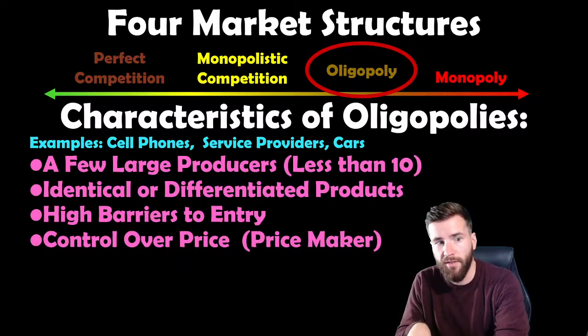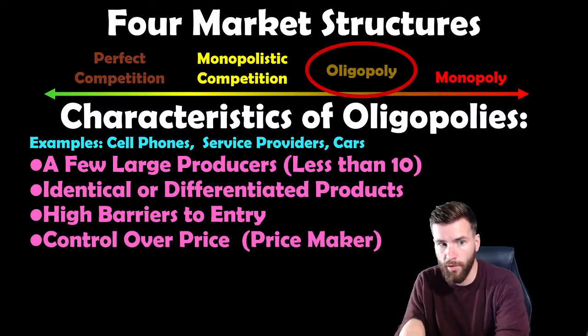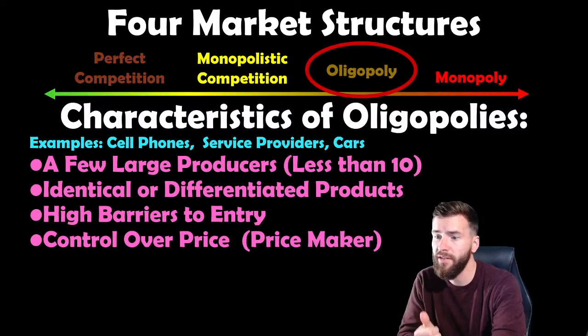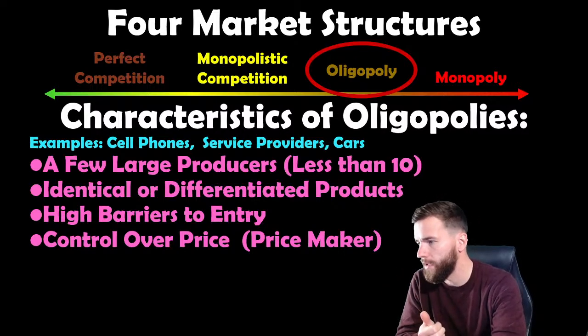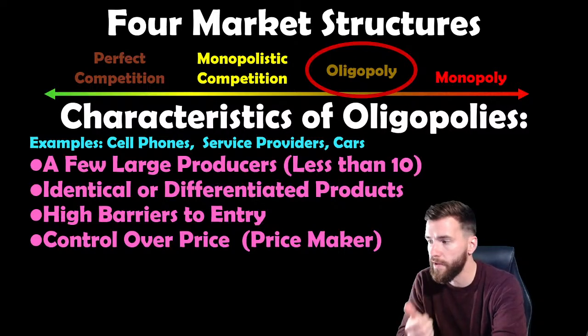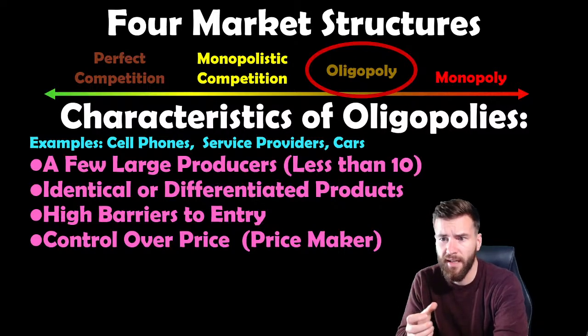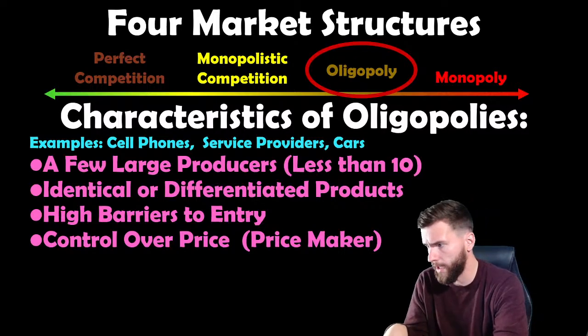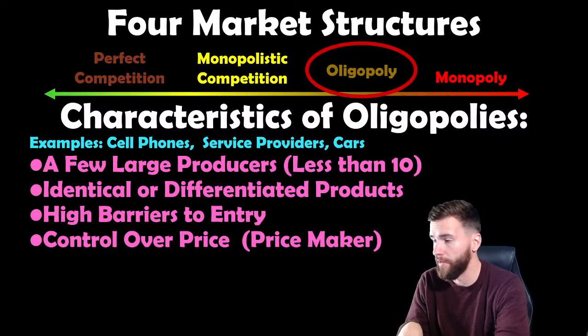So oligopolies, in general, are going to have complete control over price, just like a monopoly, because we're going to learn that oligopolies use game theory. I don't know if any of you guys are in psychology right now, but game theory is basically your strategy is determined by other people's strategy, and the best strategy for oligopolies is working together, right?